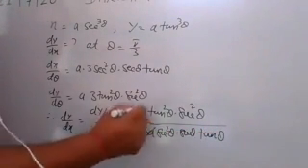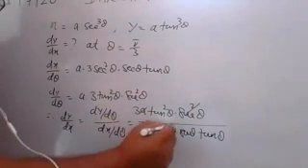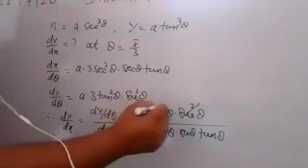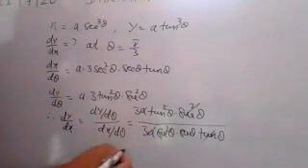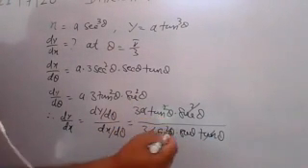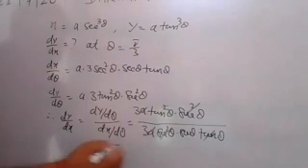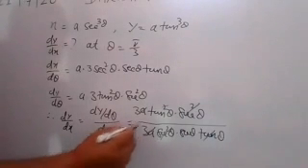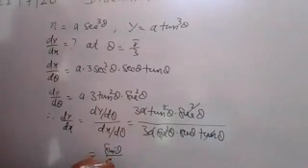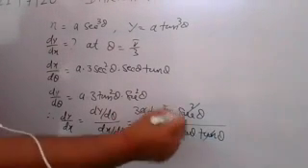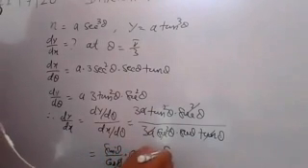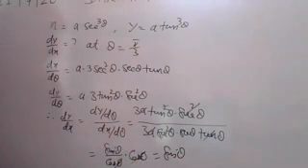So 3a cancels out, sec square theta cancels out, and one power of tan also cancels out. Overall you have tan theta upon sec theta, so change to sine and cos. That is sine theta upon cos theta, and 1 by sec theta is cos theta, so that cancels. Your final answer is sine theta.